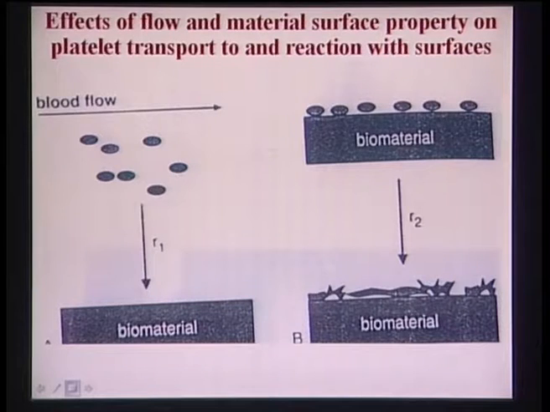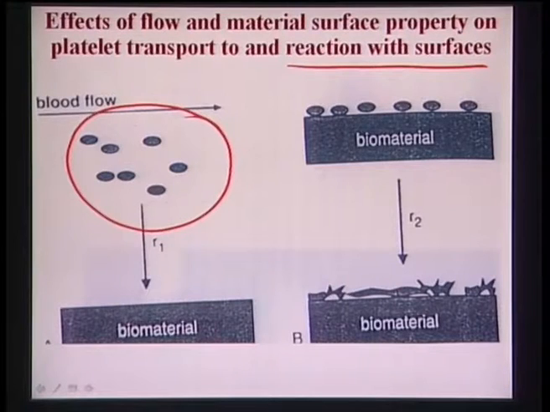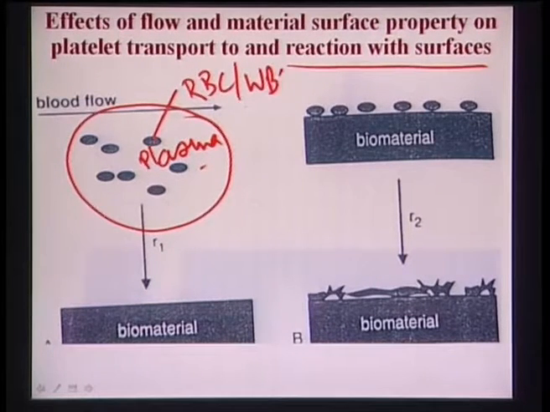So, this is the effect of blood flow on material surface property, on platelet transport and reaction with surfaces. Now, what you see is the blood flow, which you can consider as plasma, and inside the plasma you have all these leukocytes, RBCs, WBCs, the blood cells.